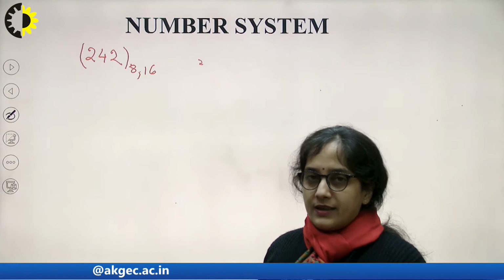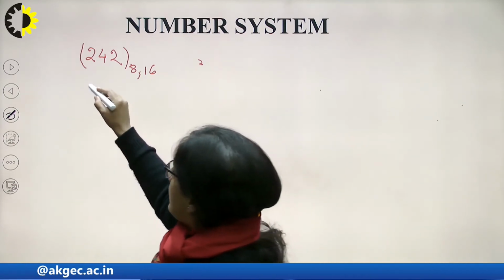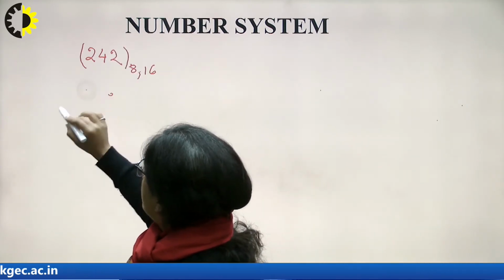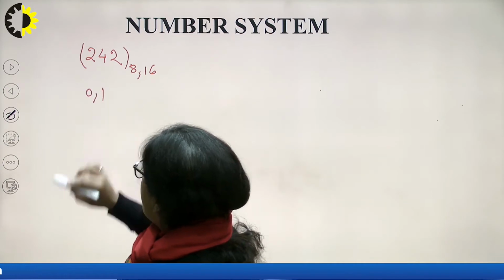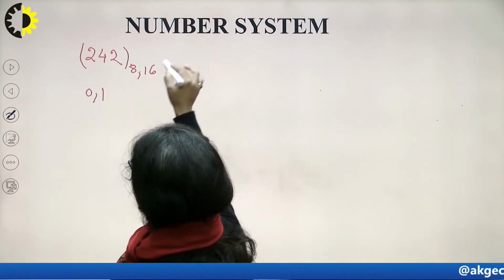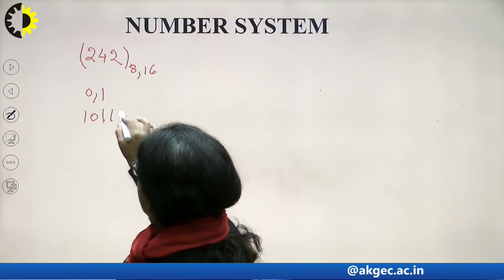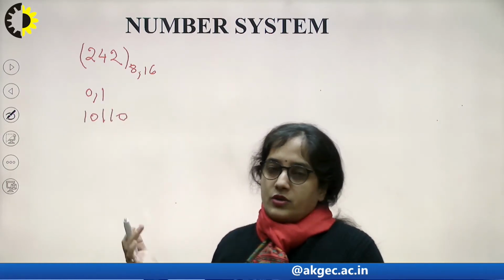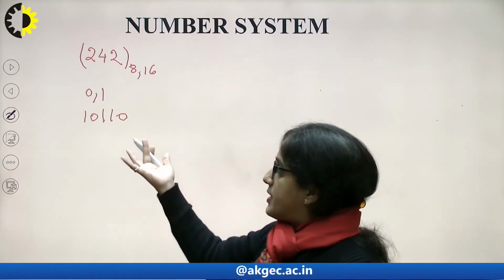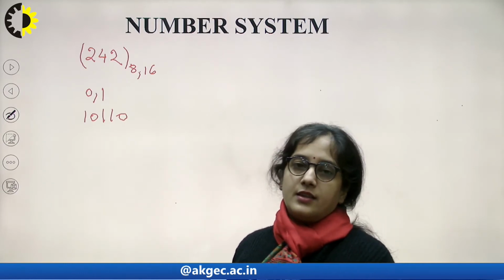In the binary number system, we use only two digits, 0 and 1. So I will write a combination, 1 0 1 1 0. This is a binary representation of a decimal number.